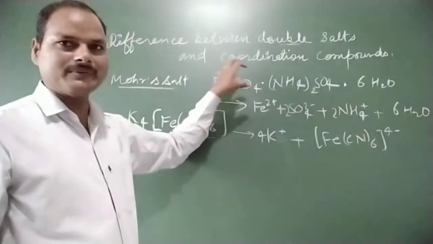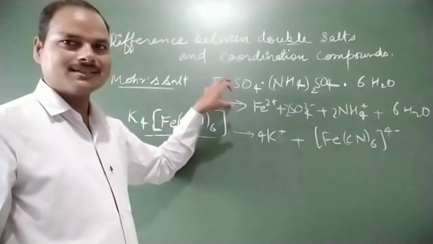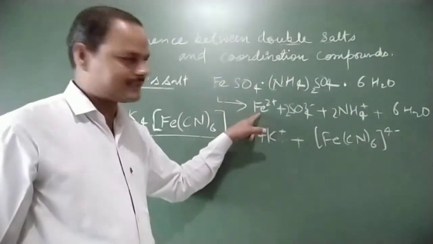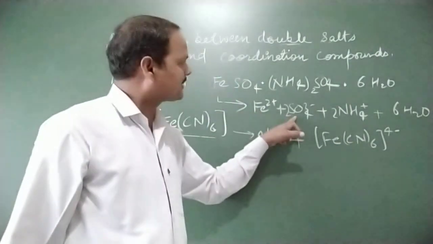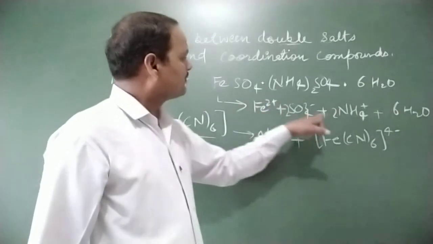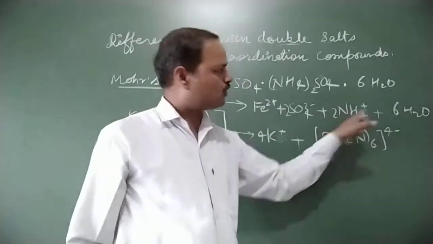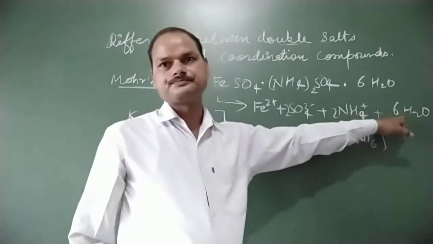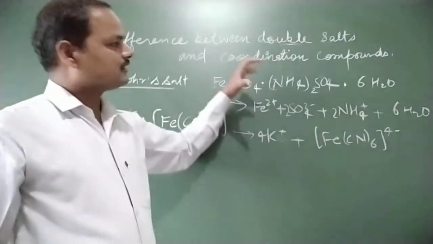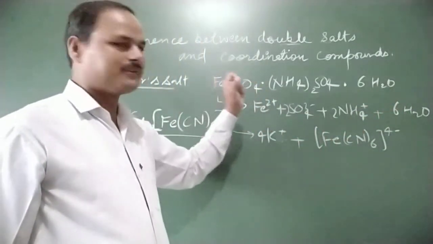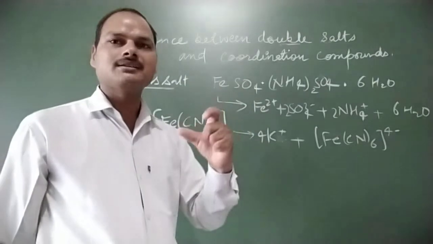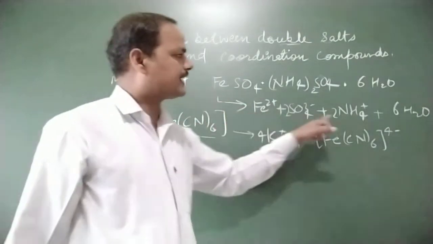For example, when we add water, we will get ferrous ions separated, sulfate ions separated, and ammonium ions also. Water remains as H2O. It means in the case of double salts, we will get very small ions like ferrous ion, sulfate ion, ammonium ion.